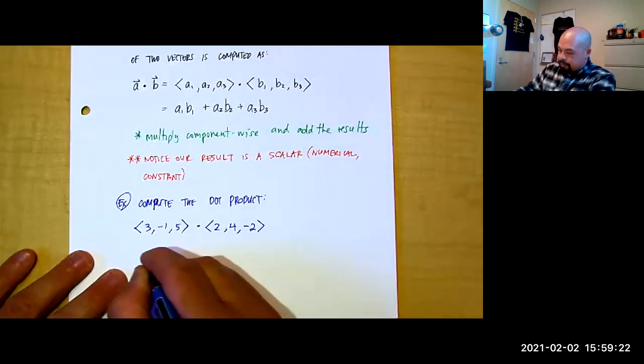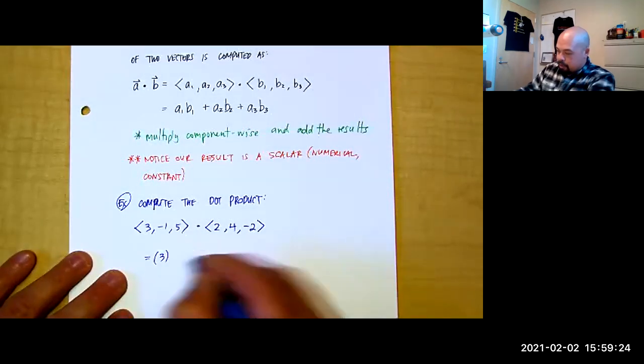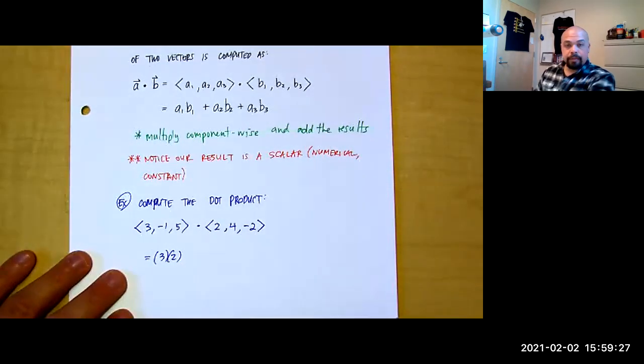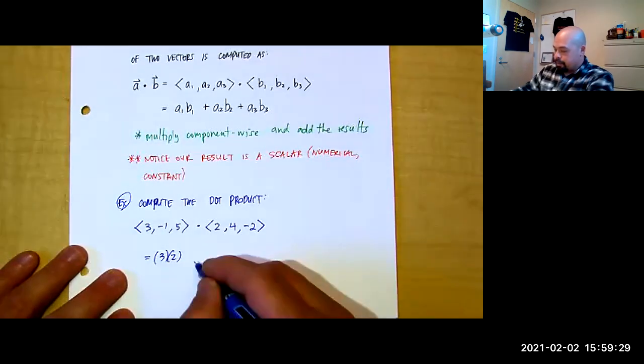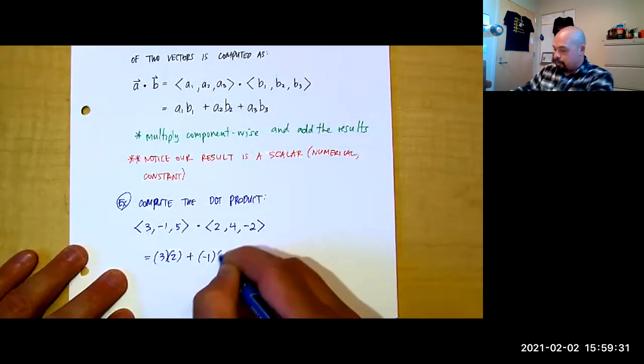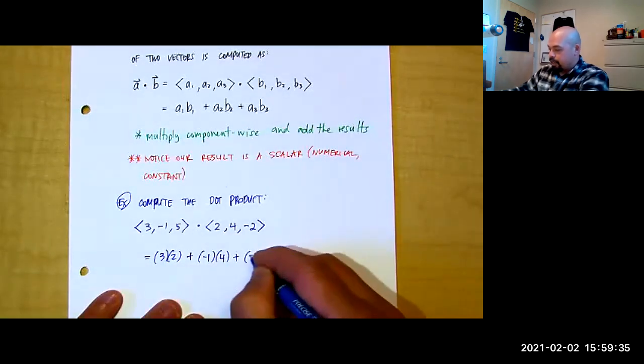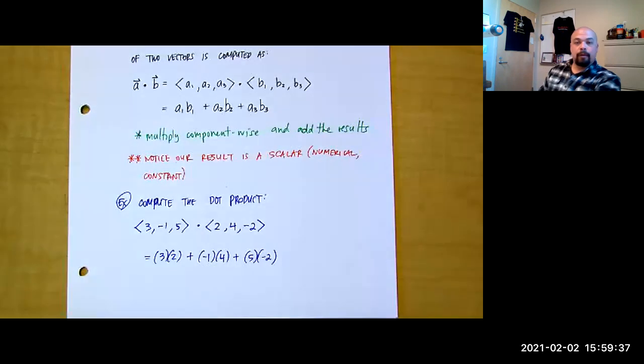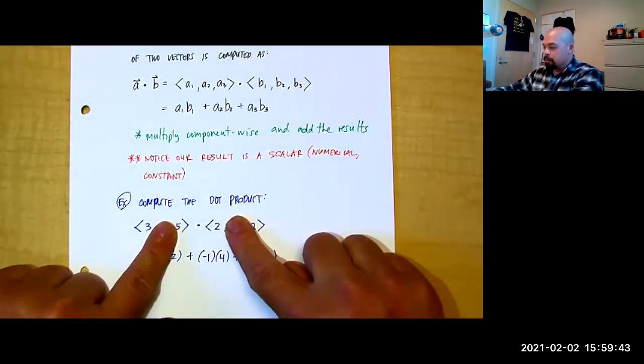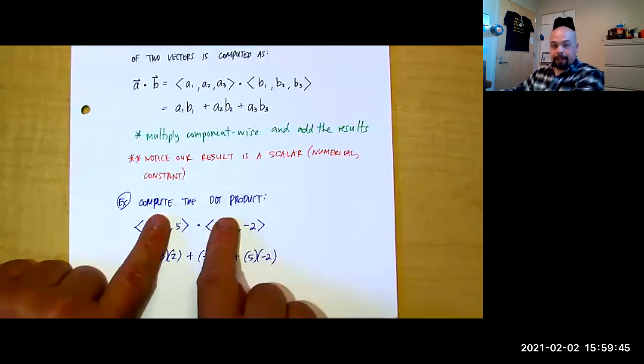That dot product is 3 times 2, plus -1 times 4, plus 5 times -2. Again, I can color coordinate those to make them match up a little better.